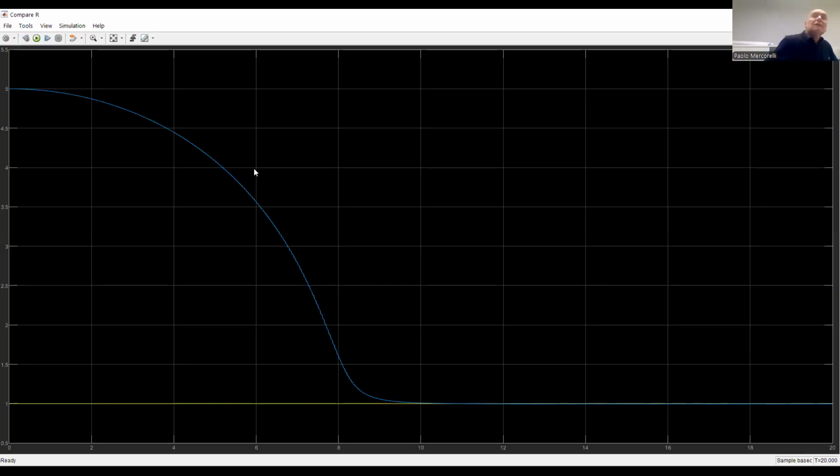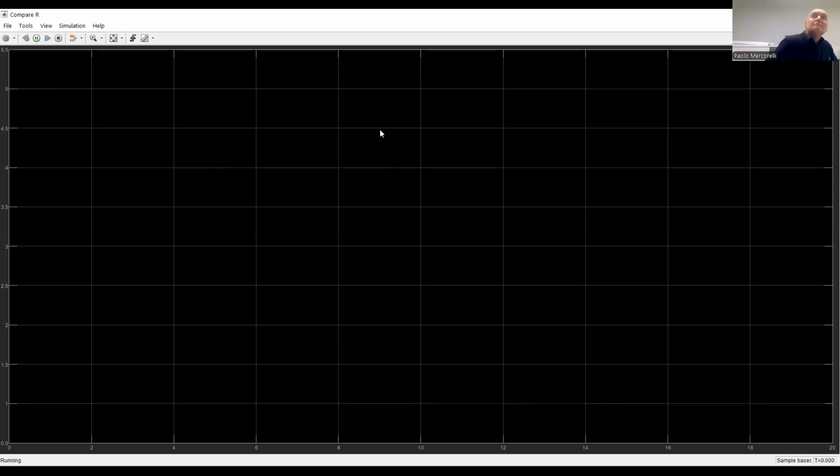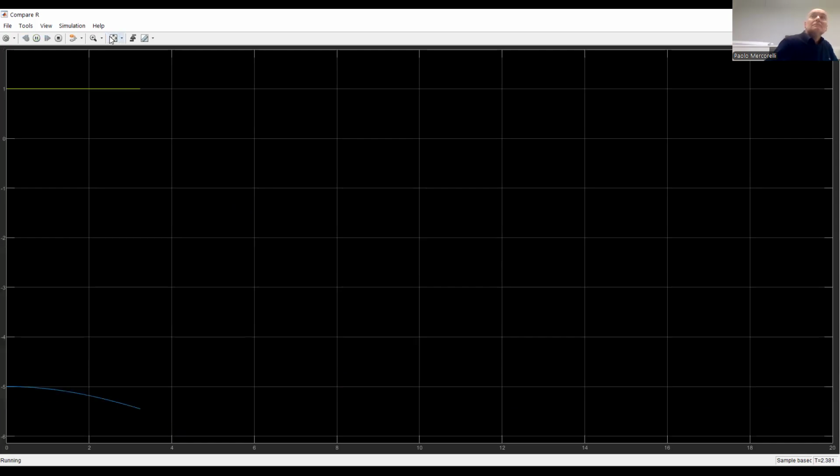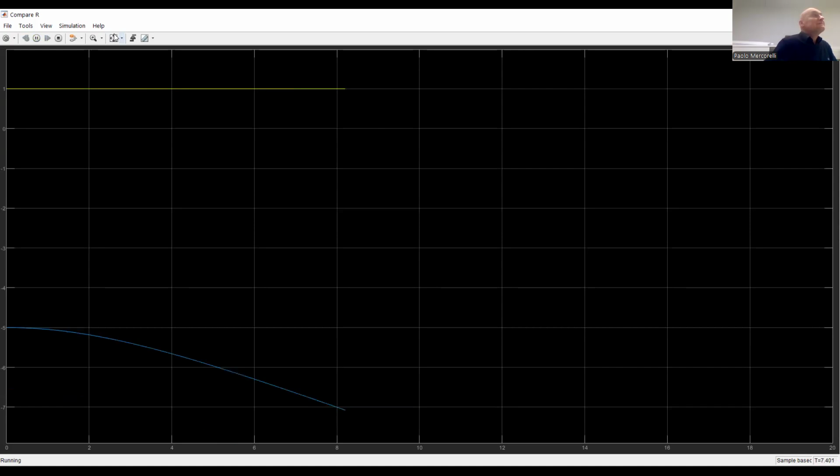Could work or not work. It is not working. Of course, but this is something physically stupid. It could work nevertheless. If I put larger than 0, it could work.